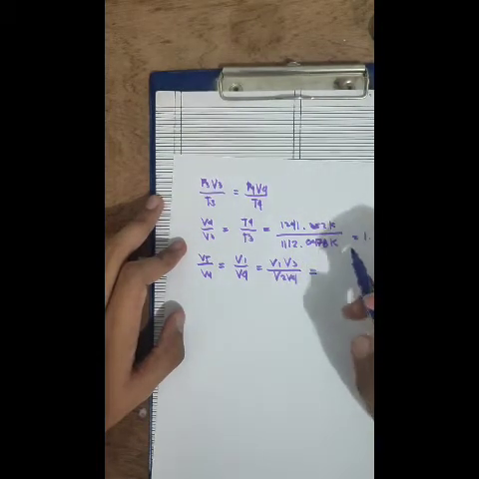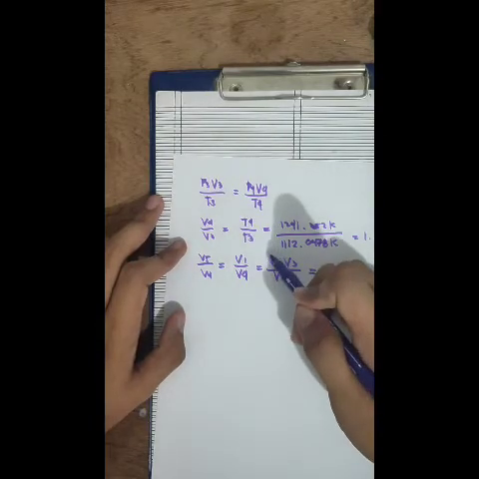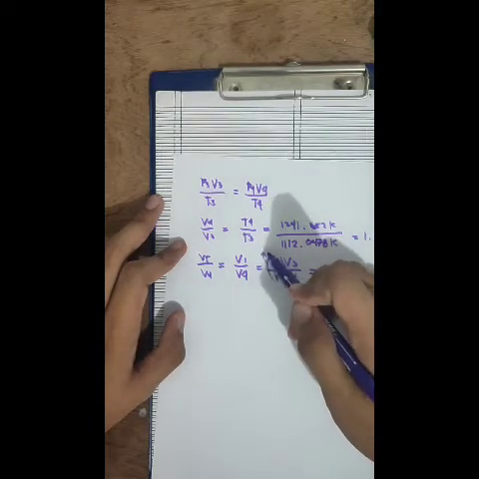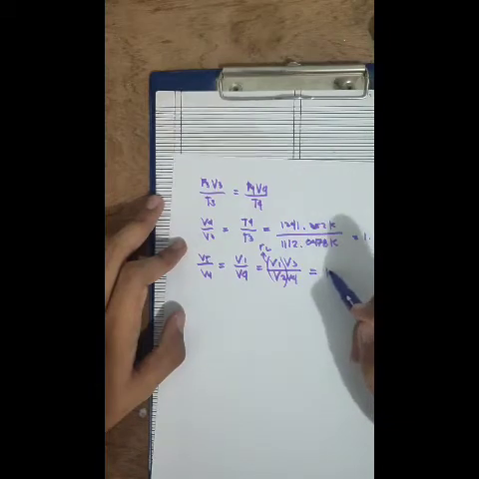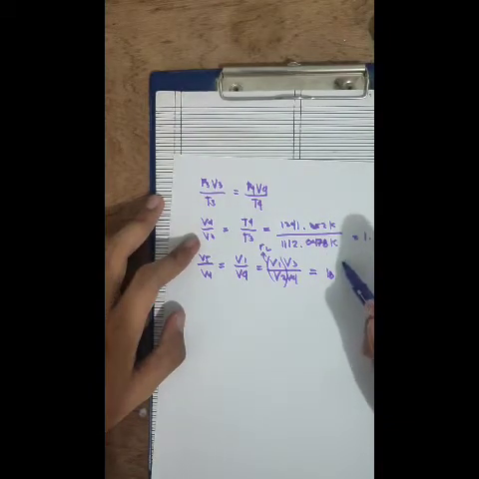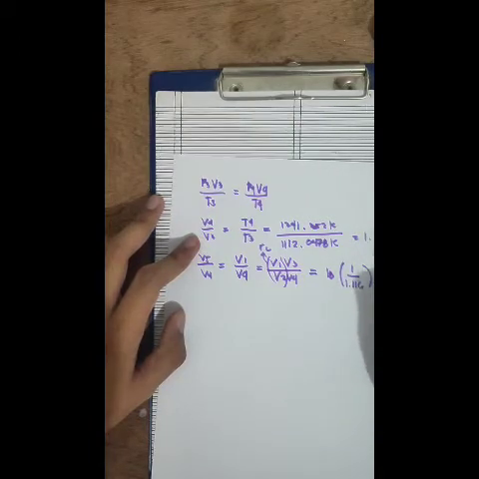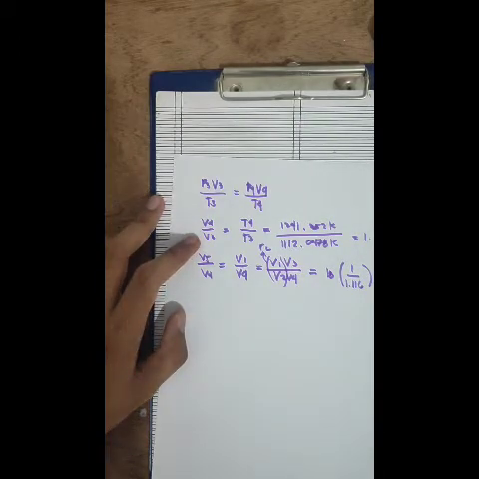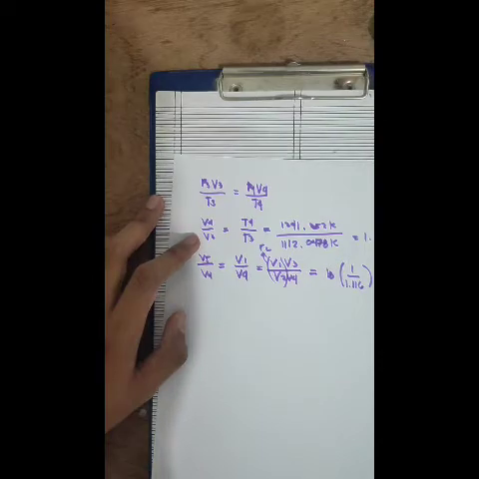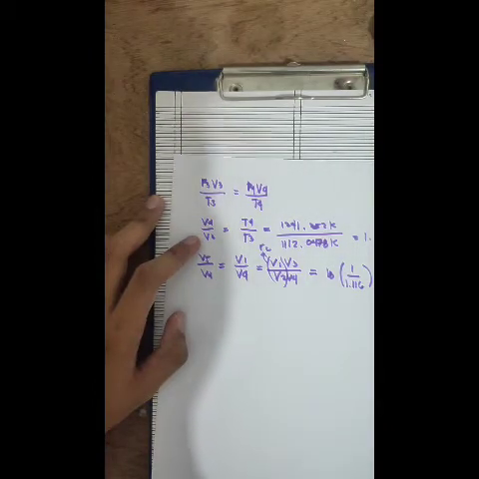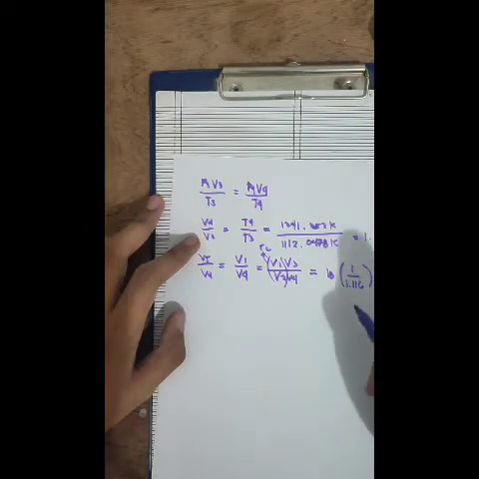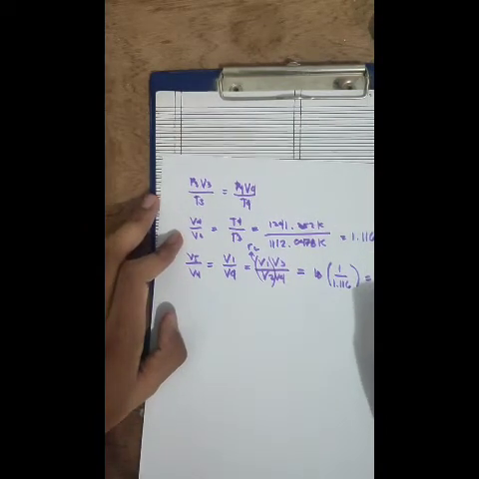Since V1 over V2 is equal to RC, 18, times 1 over 1.116, V5 over V4 we can get the value of it equal to 16.129.